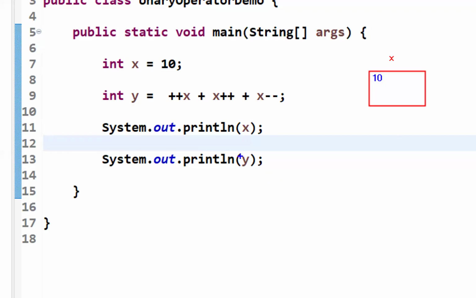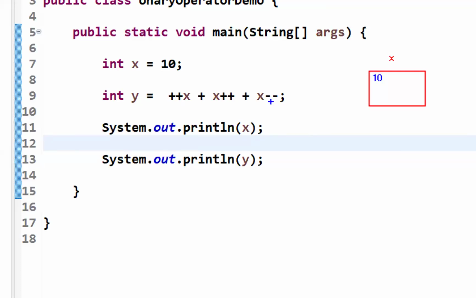In this expression I've given you, this is called which operator? Pre-increment. What about this? Post-increment. And this is post-decrement. Very good.